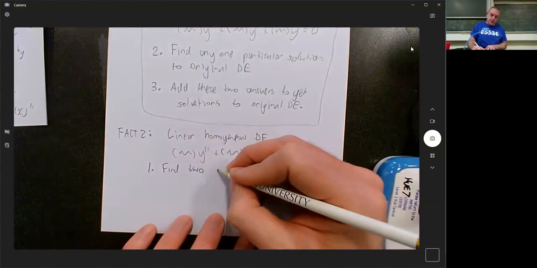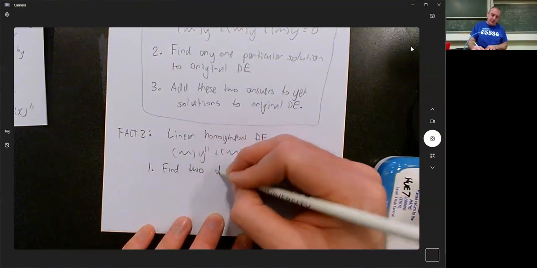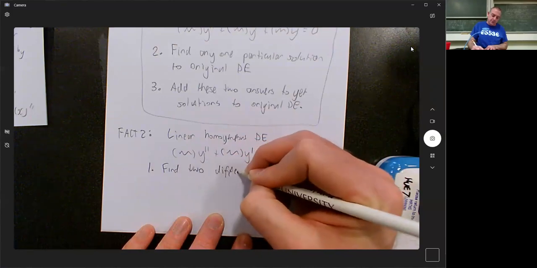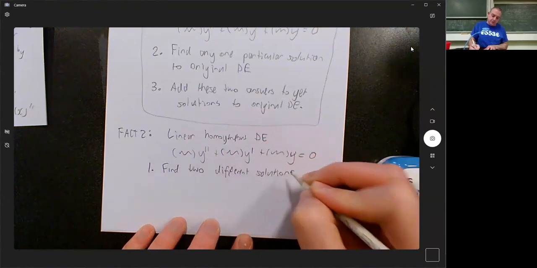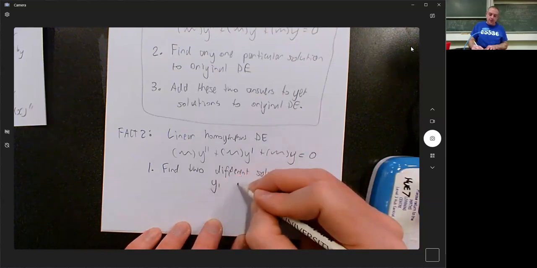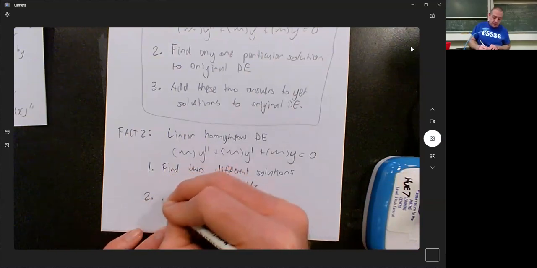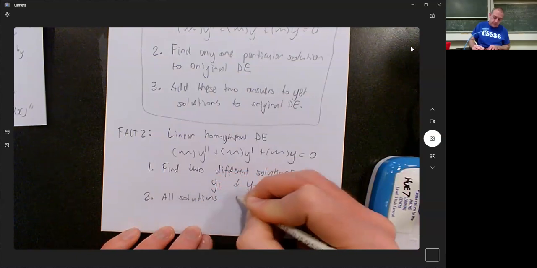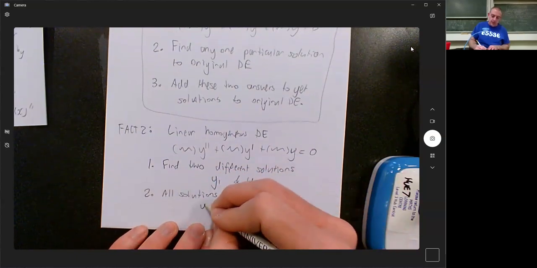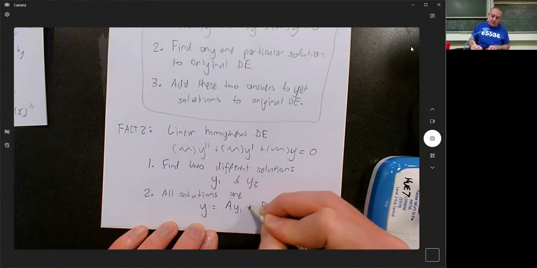two different solutions, and I will call them y1 and y2, which are the names of functions of x, and then all the solutions are something times y1 plus something times y2.